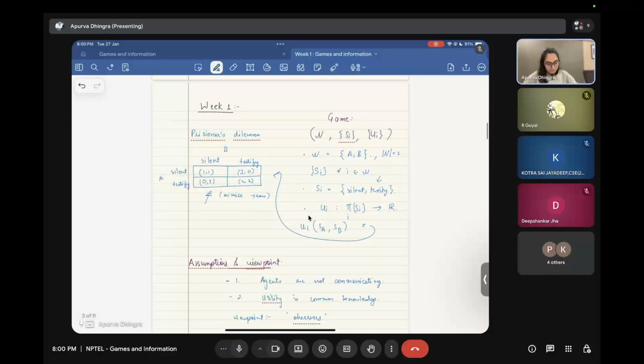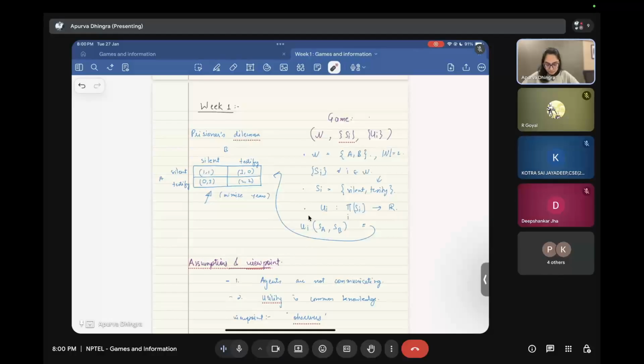And in the process of doing that, typically what is required in a game is that it will have a number of agents, the strategy set for each of those agents, and the utility for them. So all of that ends up being captured in this following way. So here we have the agents, here we have the actions or the strategies for the time being, and this matrix becomes the utility matrix that we require.